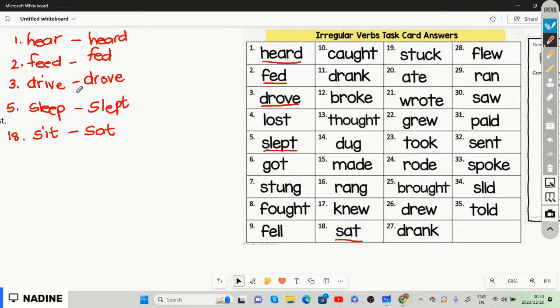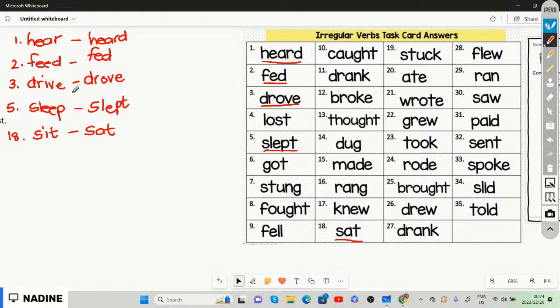So this is how it changes from, let's say, the present tense to its past tense. And that is specifically what we're doing today. We're doing irregular past tense, right? We don't just add ed. We can literally see that the spelling or the wording changes of that specific word when we show the irregular past tense form of that specific verb.